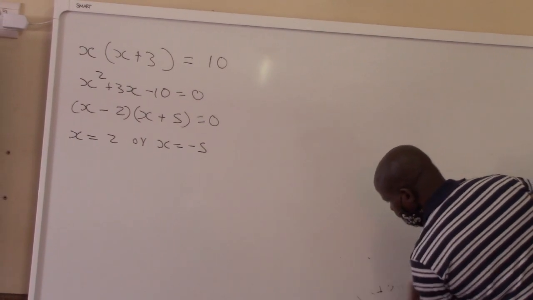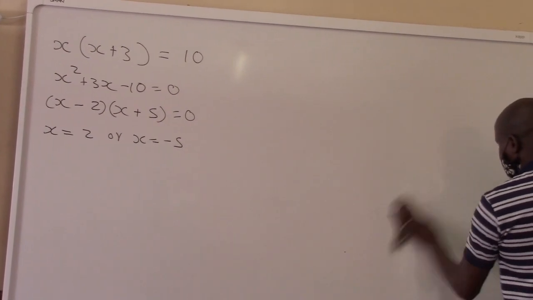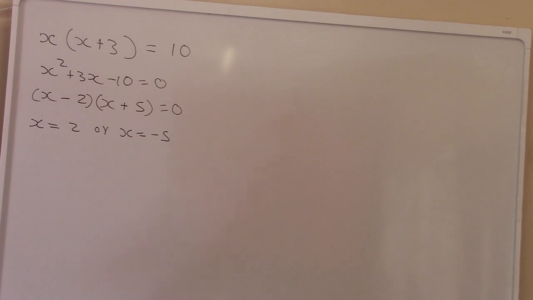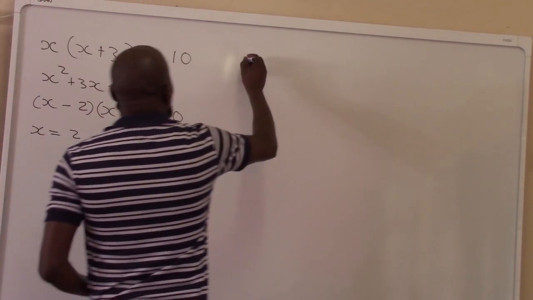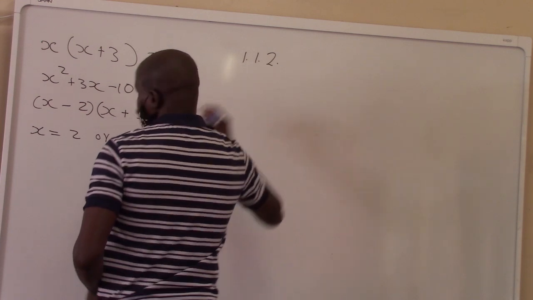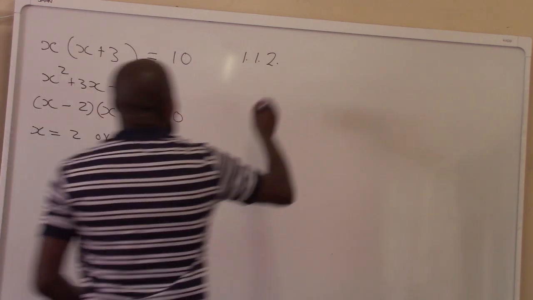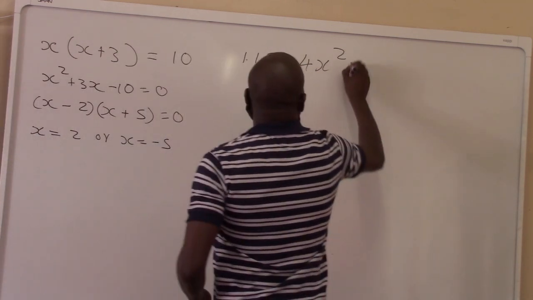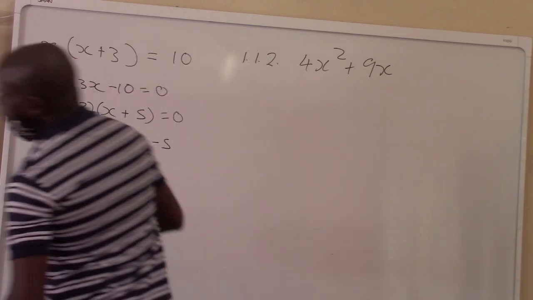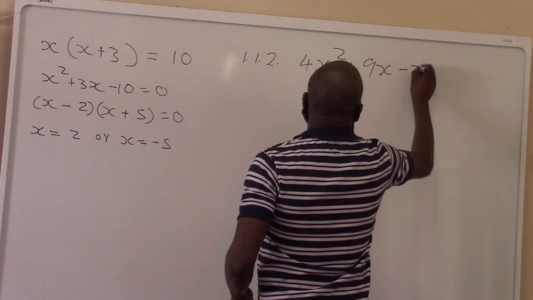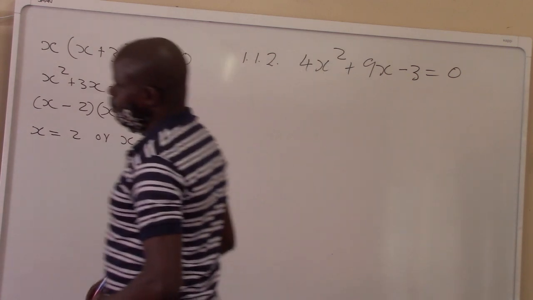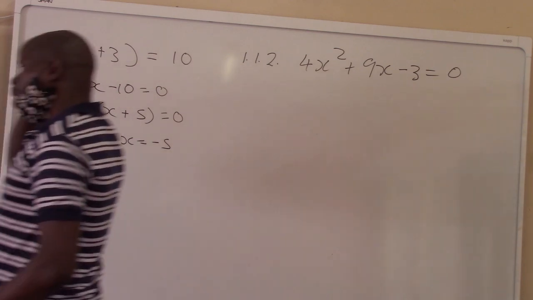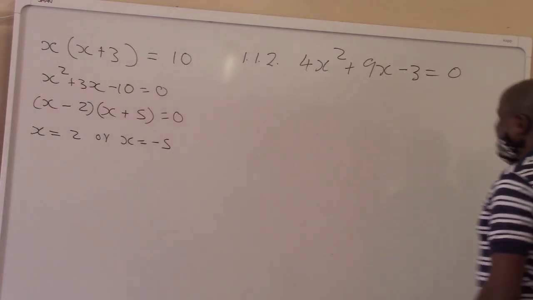For example, 1.1.2 of 2017 was 4x squared plus 9x minus 3 is equals to 0. And then they said the solution must be left in correct 2 decimal places.